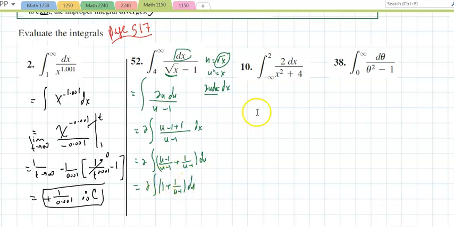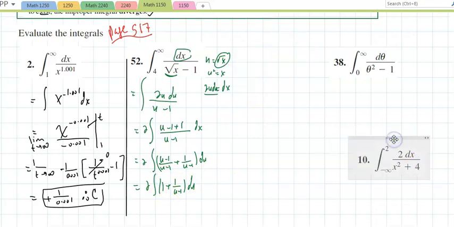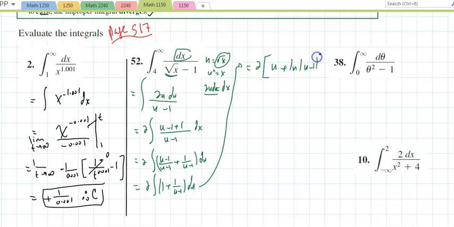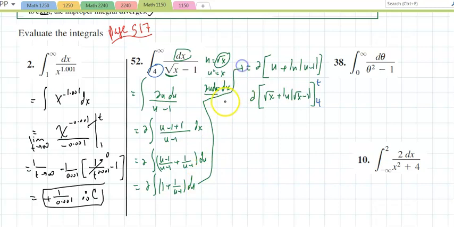So I do need that space. Let me move this out of the way. That would be twice u plus natural log of u minus 1. And if I substitute what u was, that was radical x plus natural log of radical x minus 1. And now I'm going to integrate from 4 to t. And here, at this stage, I'm going to add the limit as t approaches infinity, right there.